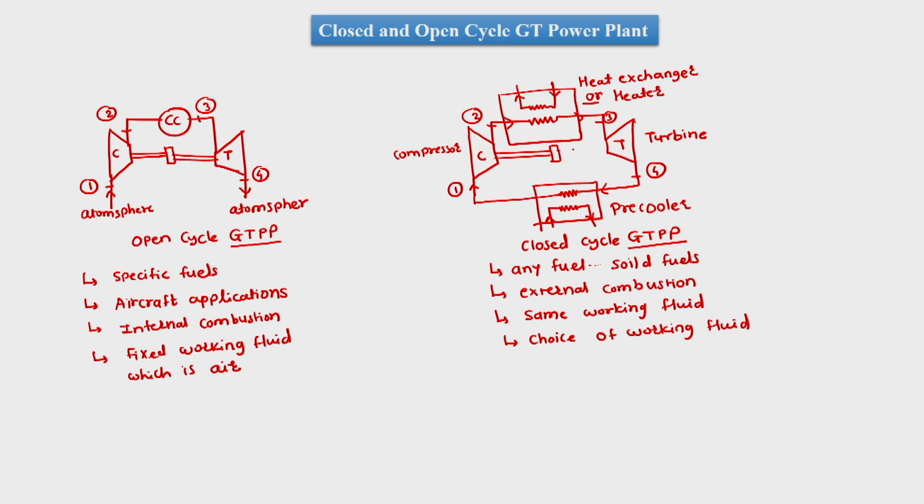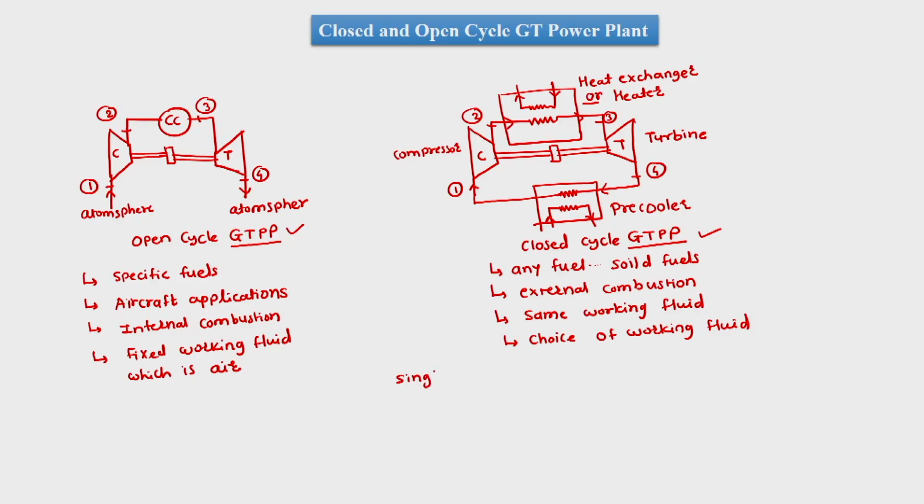And then we have these arrangements which are single shaft. Basically both the arrangements of open and closed cycle gas turbine power plant are shown here as single shaft arrangements, and such arrangements are good for fixed load.